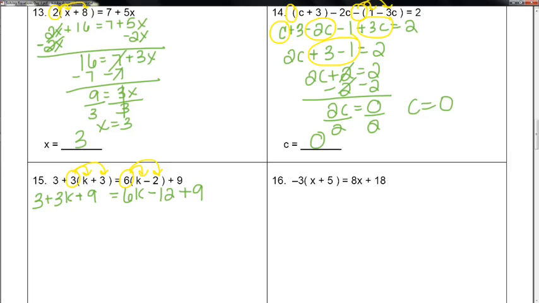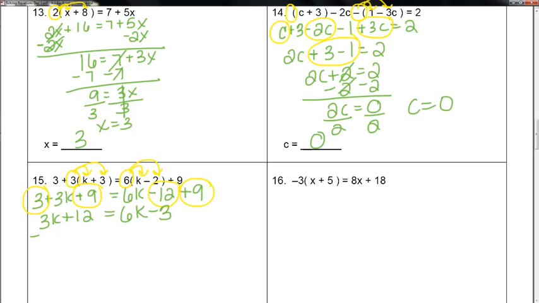And I'm going to combine terms. Notice I have a 3 here and a 9 here. That makes 12. So I have 3k plus 12 is equal to 6k. Notice I have a negative 12 and a positive 9. That gives me a negative 3.